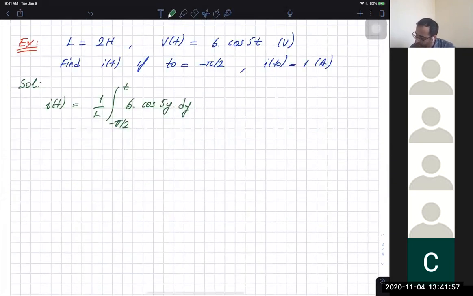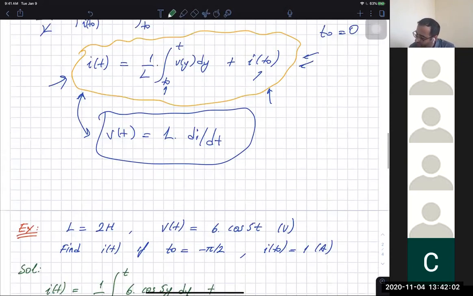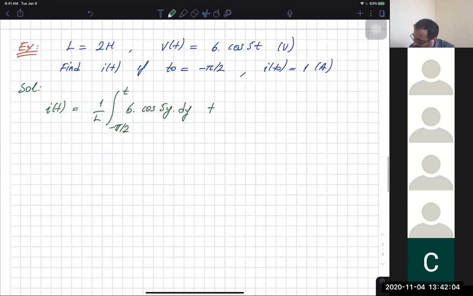I'm trying to remember the equation. Then we add the initial current, which is 1 ampere. I know it already, so that is 1. I also know L, so I will replace this with 1 over 2, right? And then the rest is just calculating this integral.